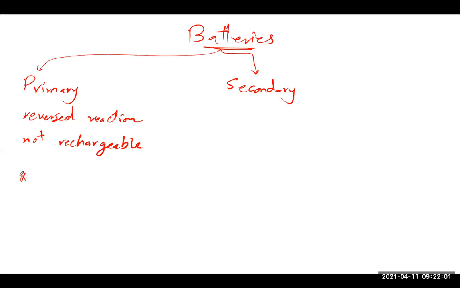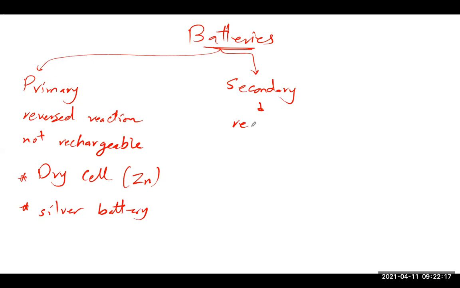An example for this one is a dry cell, which contains Zn, and the silver battery. For the secondary, of course, this is a reversible reaction, so we can use it many times.